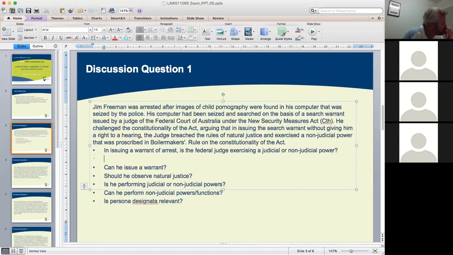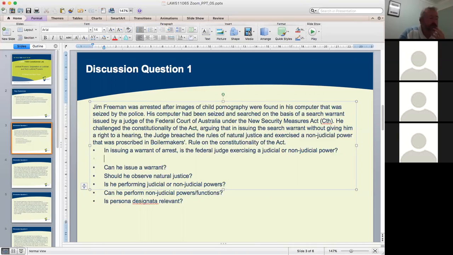Because issuing a warrant is not considered a judicial function. Why not? So can you see why this is important?